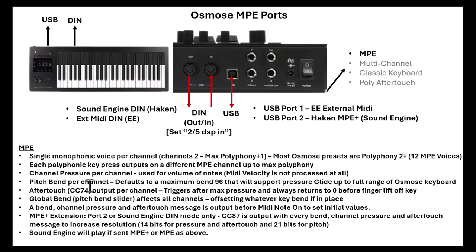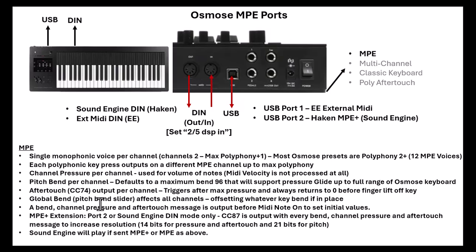Pitch bend is also output per channel. Every note will have its own pitch bends, so you can bend one note up on one key and one note down at the same time. That's one of the great things about MPE, independence of output per key. Aftertouch on the Osmose, CC74, is also output per channel.